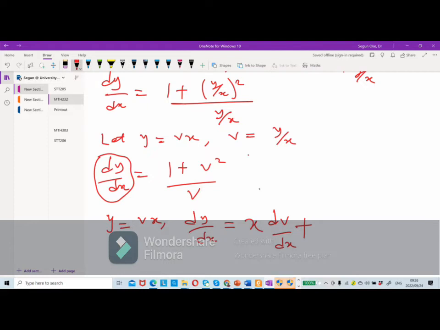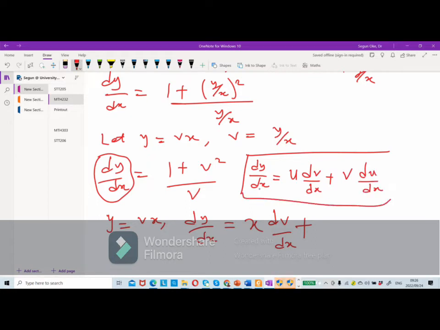Who remembers this method? Product rule. How do you write the product rule? dy/dx equals u dv/dx plus v du/dx. So that is what I'm using. What I did here is I just held u constant. What represents u here? We have x.